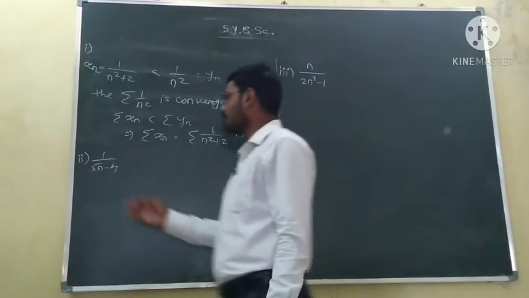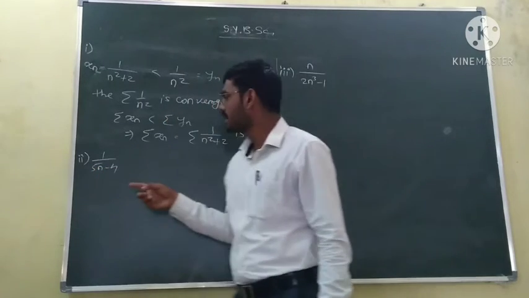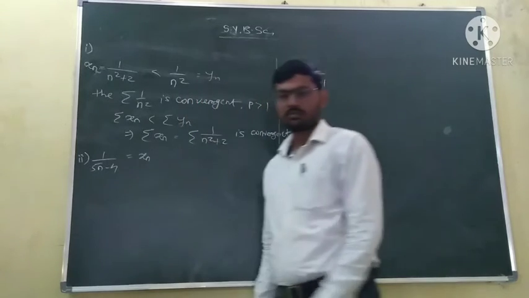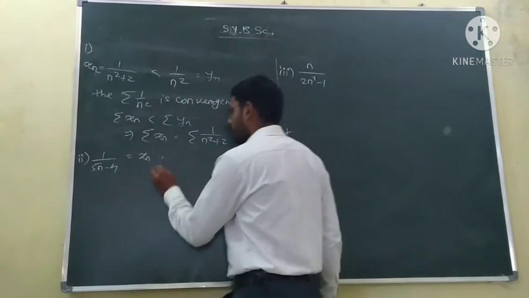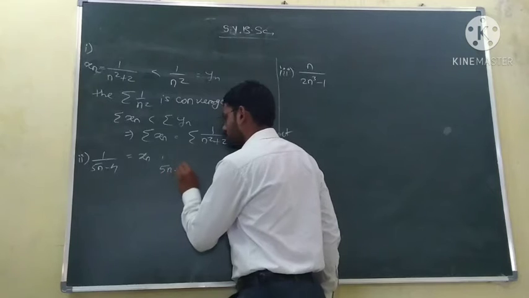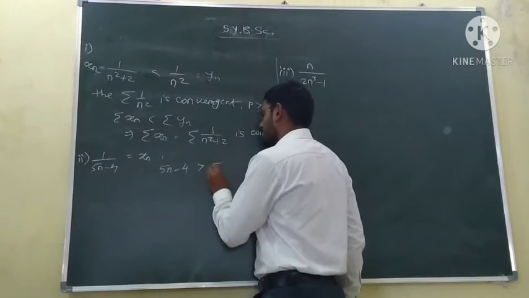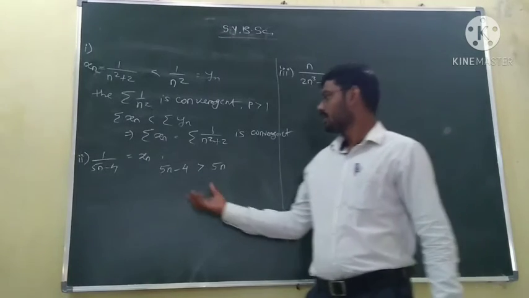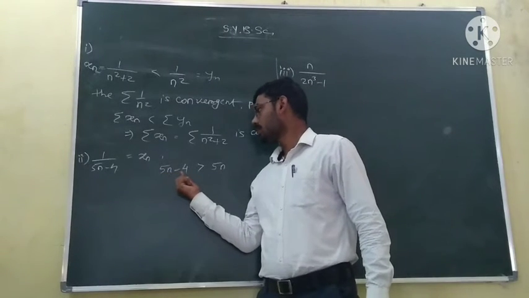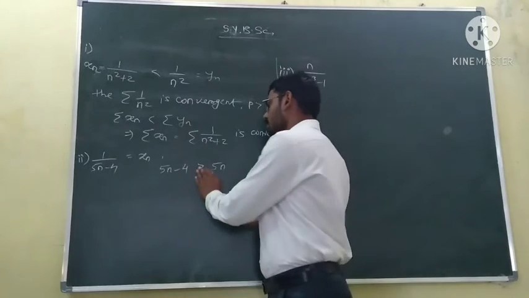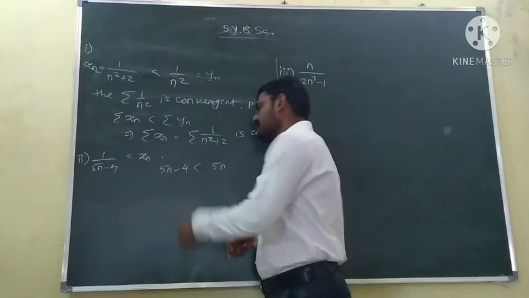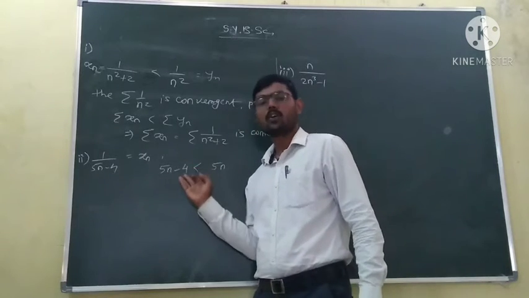Now the series whose nth term is 1 upon 5n minus 4. Now we have 5n minus 4 is less than 5n, because we are subtracting 4 from 5n.